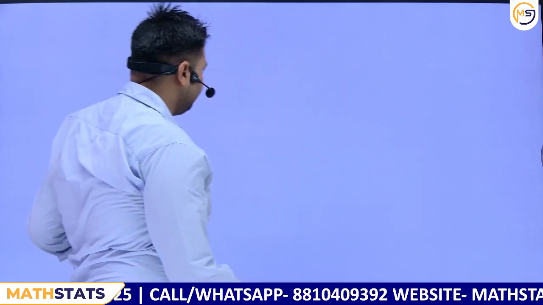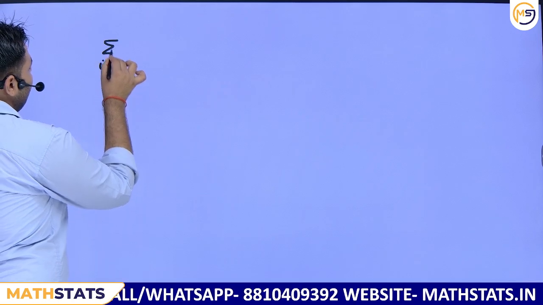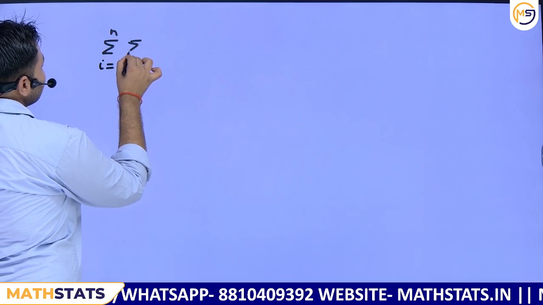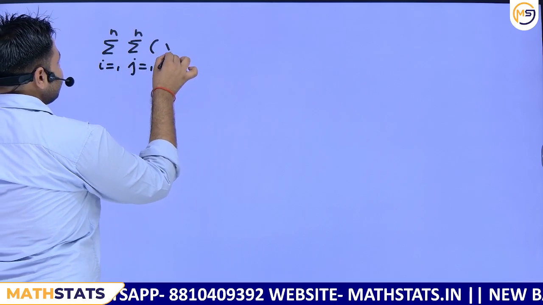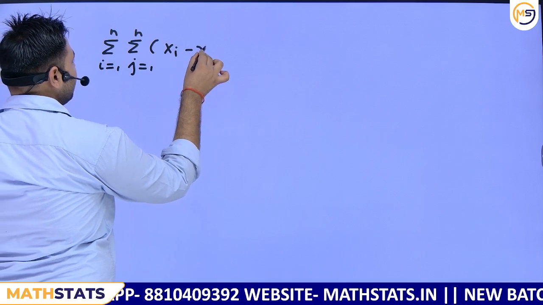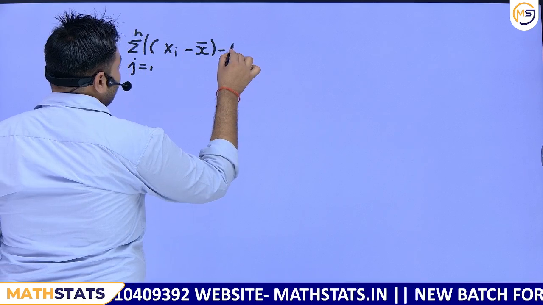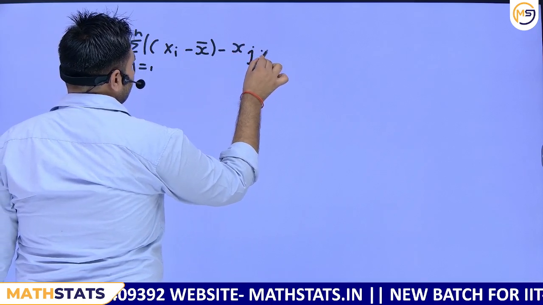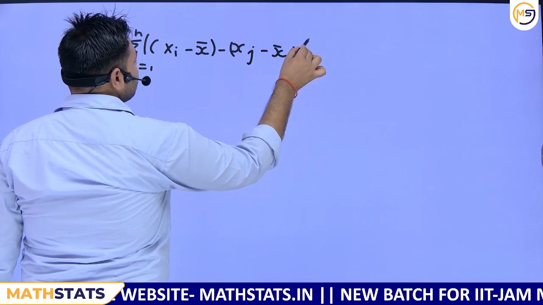So summation i equal to 1 to n and summation j equal to 1 to n, (xi minus x bar) minus (xj minus x bar), this square.